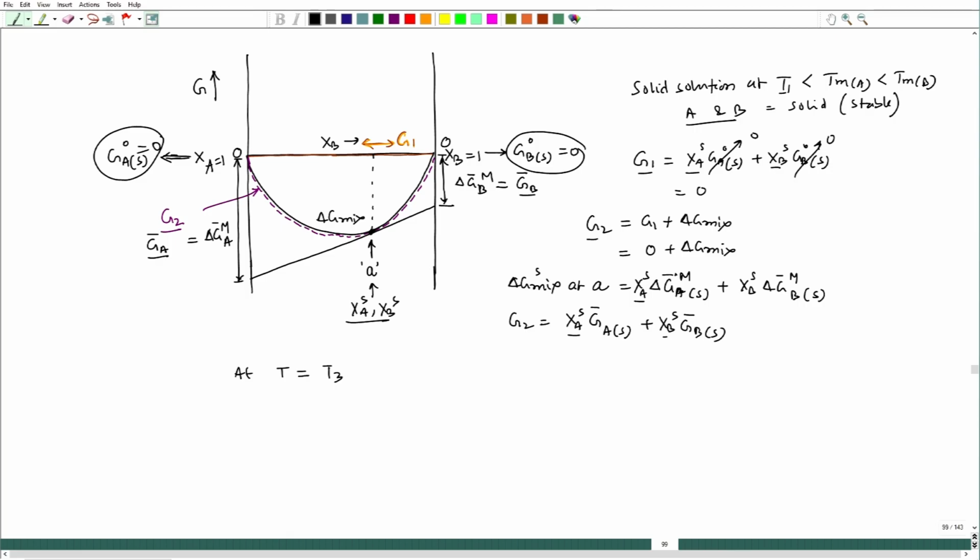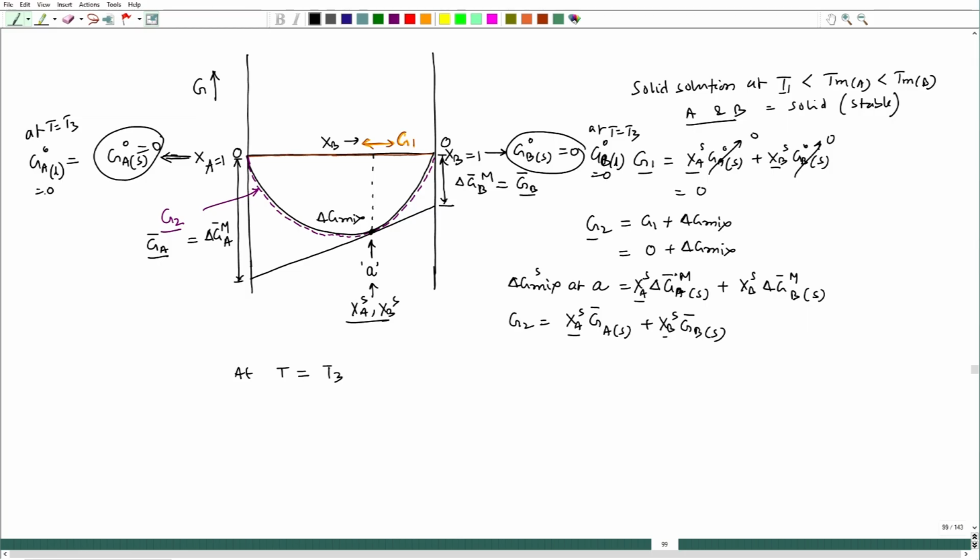Of course, the values could be a little different for delta G mix away from x A equal to 1 and x B equal to 1, but there also I can assign this 0 value as G A naught liquid, and here I can assign G B naught liquid, at T equal to T3.